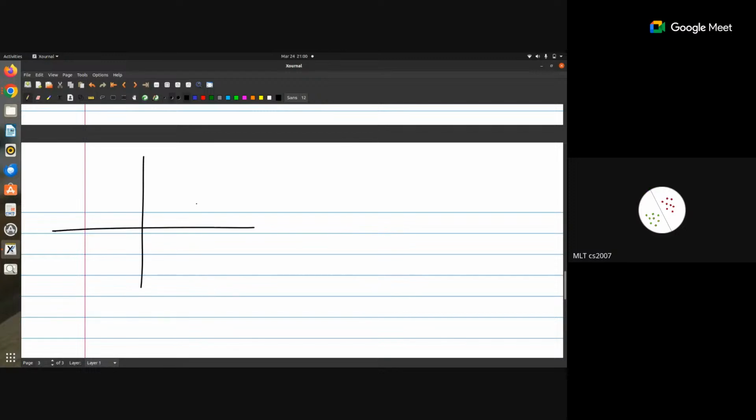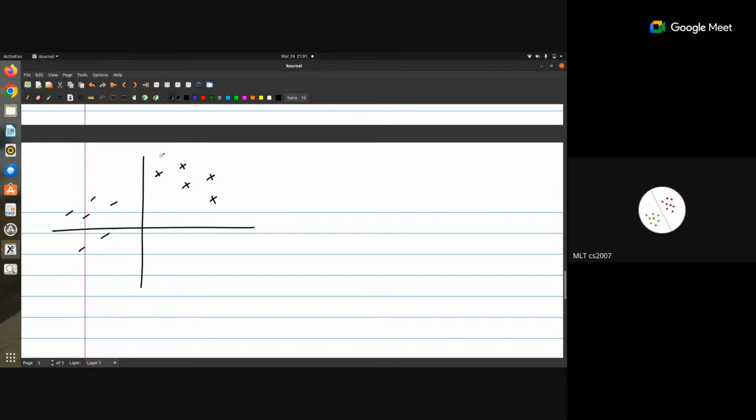So basically, it is like that. Let's say this is the X point and this is the Z point.